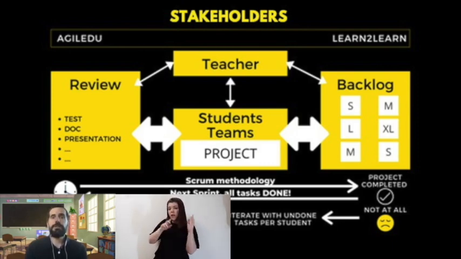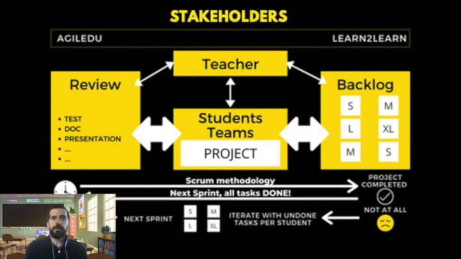The student interacts in both directions with this task and with the teacher. On the other hand, teacher prepares the revision task that the students have to complete in order to measure the tasks that have been completed.